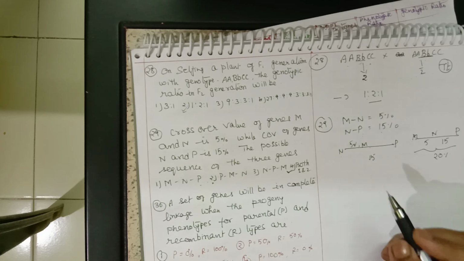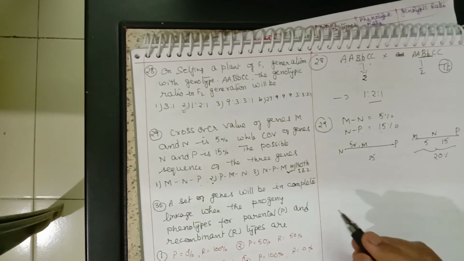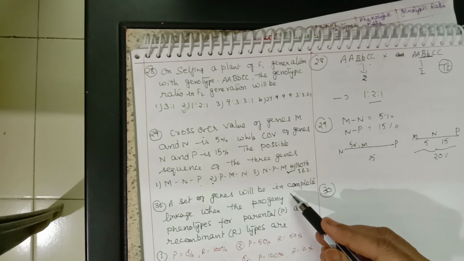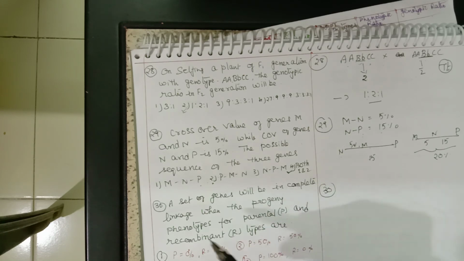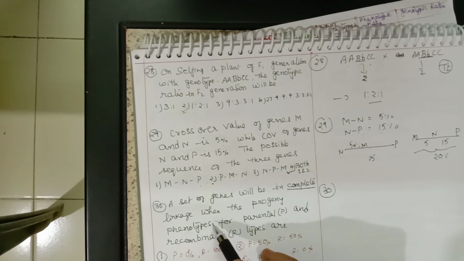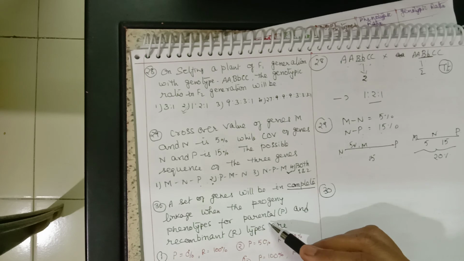Now coming to almost the last question of my session. A set of genes will be in complete linkage when the progeny phenotypes for parental and recombinant types are... So what will be the parental and recombinant types?